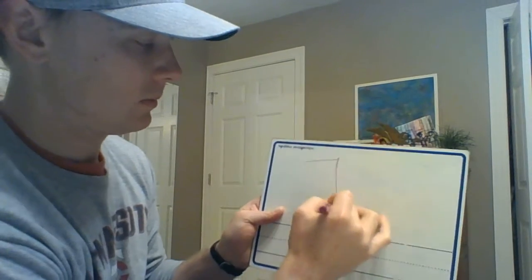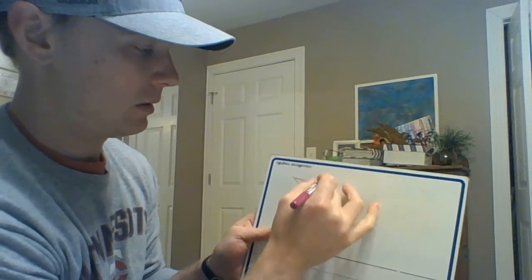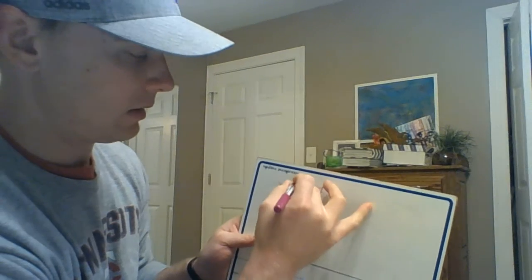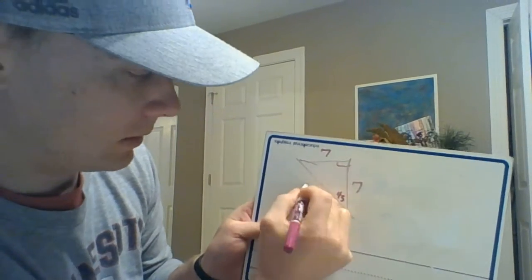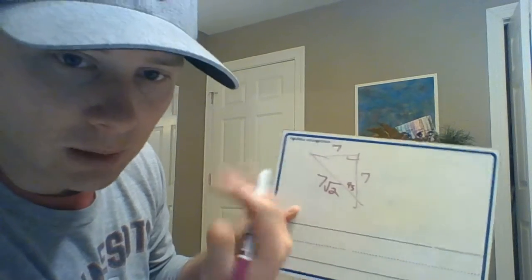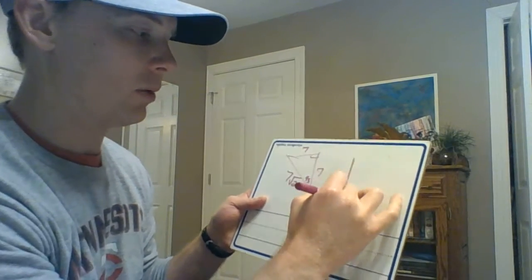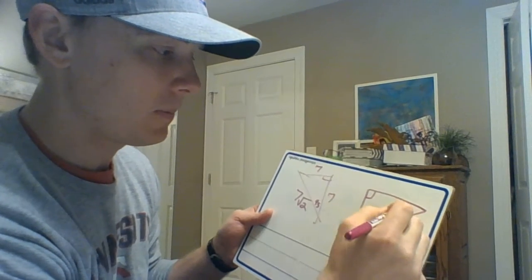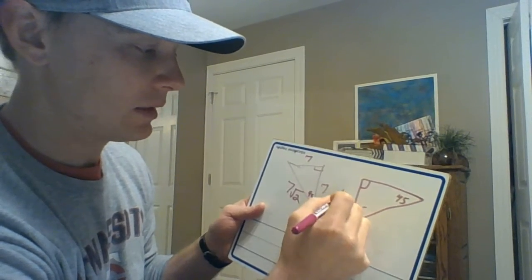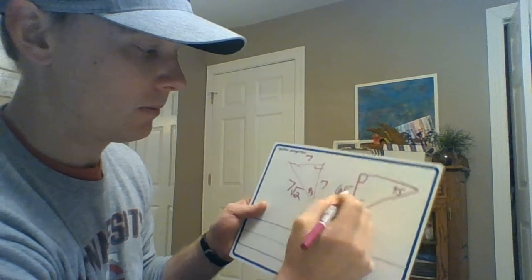This is always going to simply be whatever the leg is times the square root of 2. So if I said this was 7, and then this would obviously be 7, what's this? Well, 7 square root of 2. That's it. What if it were a little harder? What if this were 6 square root of 3?